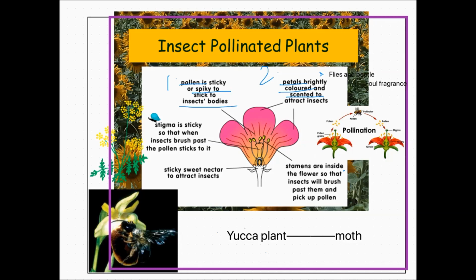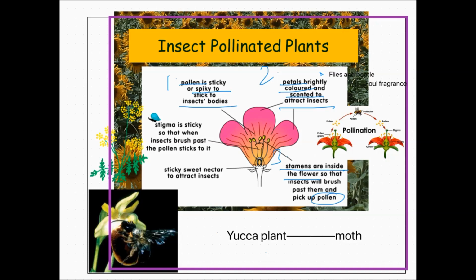So flowers will be brightly colored and scented so that they can attract insects, isn't it? Third one, the stamens are inside the flower so that an insect will brush past them and pick up the pollen.